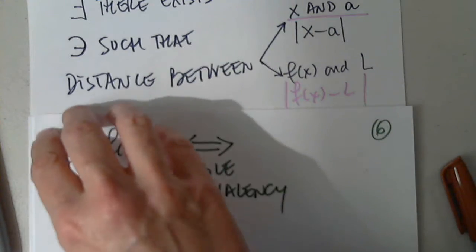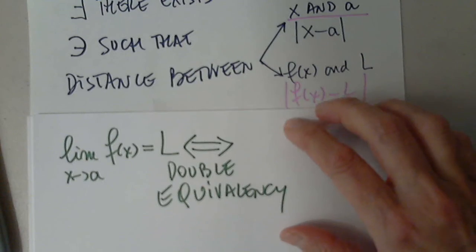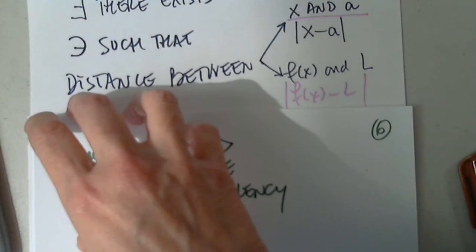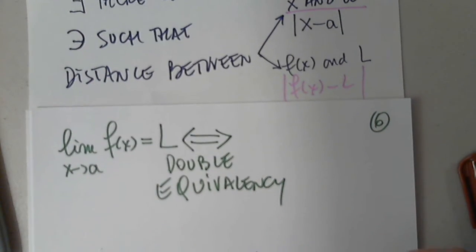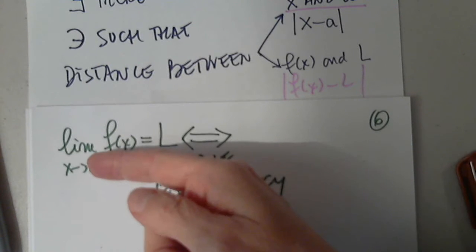It means that whatever I wrote here implies what I'm going to write on the other side. And whatever I write on this side implies the left-hand side. So it's a double proof. This implies that, and that implies this.